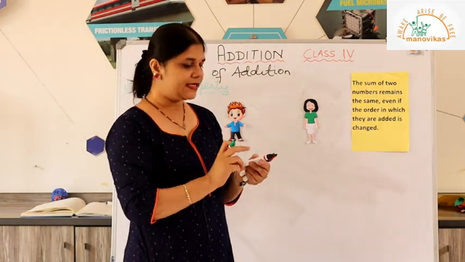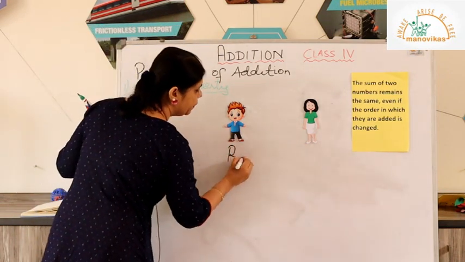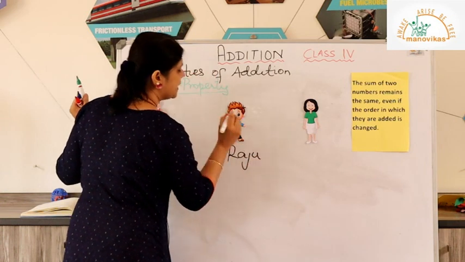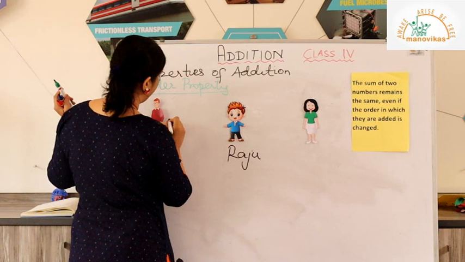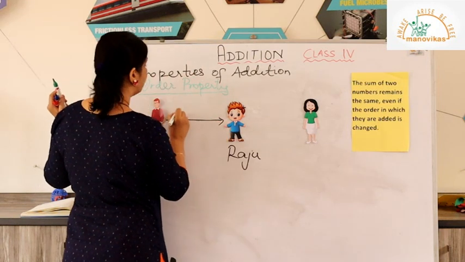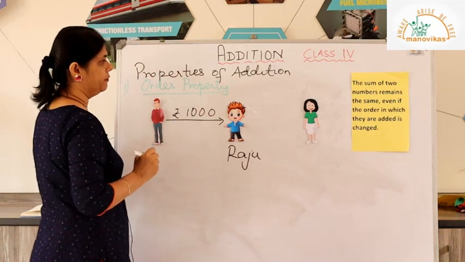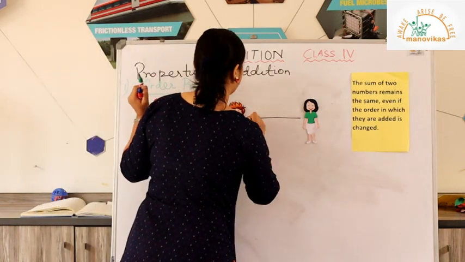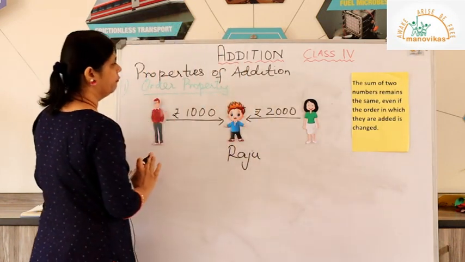To explain this, I'll give you one example. There is a boy named Raju and it is his birthday today. So, for birthdays we all get gifts, right? Raju's father gave him rupees 1000 as a birthday gift and his mother gave him rupees 2000 as a birthday gift.